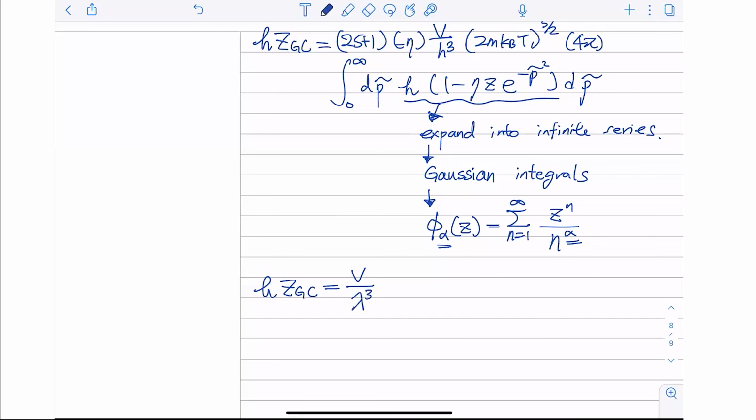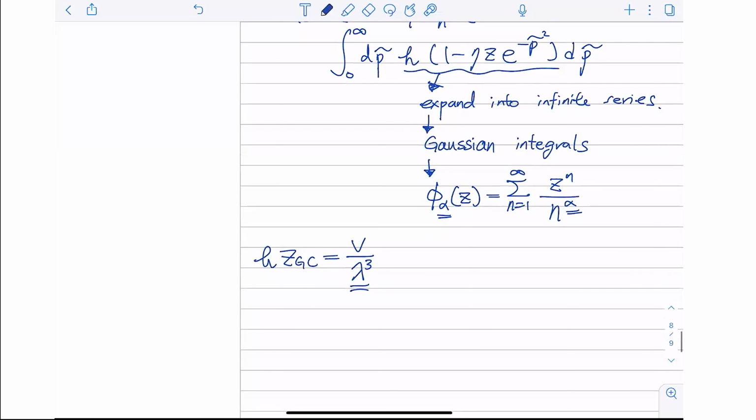And this lambda is the thermal wavelength that we should be familiar with. And we still have the internal degrees of freedom, 2s plus 1, and minus eta from the statistics, whether it is boson or fermion.